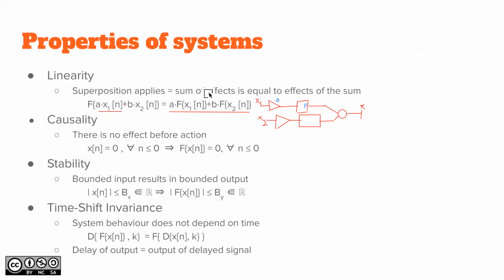Anyways, so practically you feed in the signal separately to a system, two signals, and then multiply. It's the same as taking the summed weighted inputs to the system separately. So that's what linearity is all about. The same actually as in analog electronics.